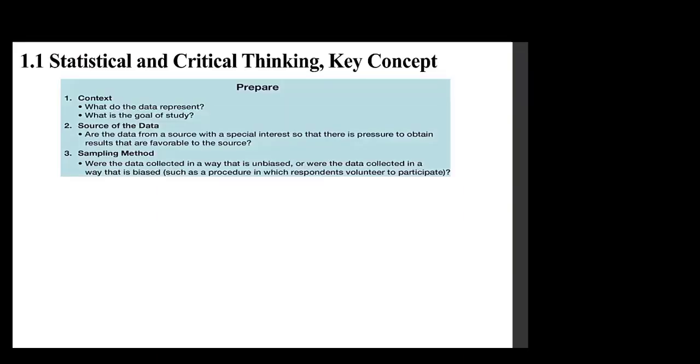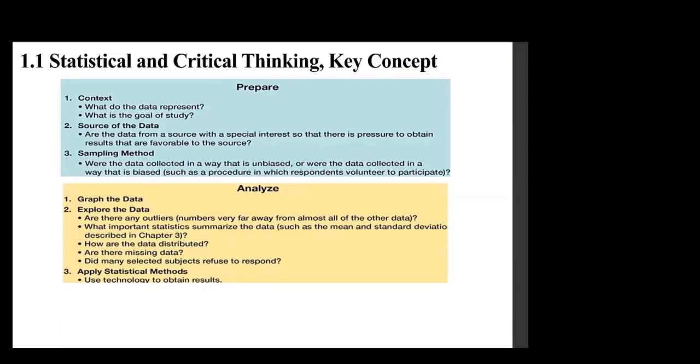When we look at this idea of statistical and critical thinking, we have to get preparation, and to prepare, we look at the context, we look at the source, we look at the sampling method, how it was done. And after we go through that, then we will have to analyze.